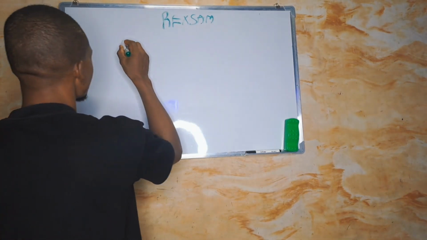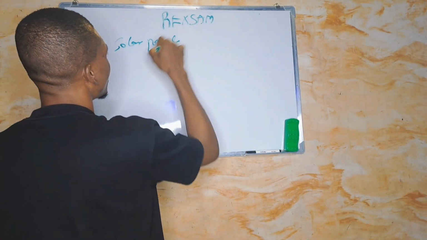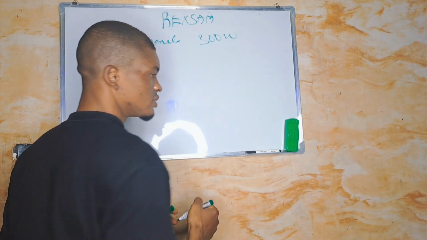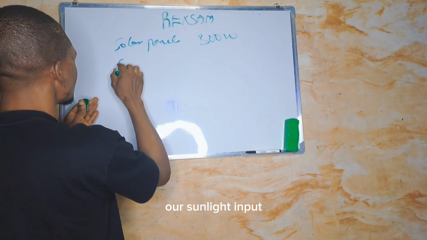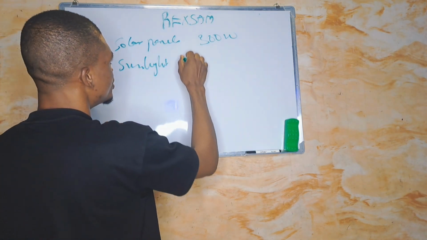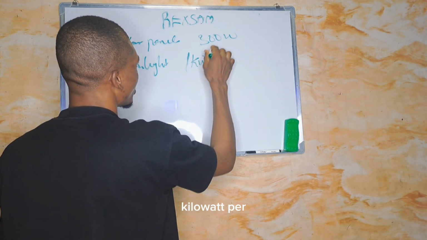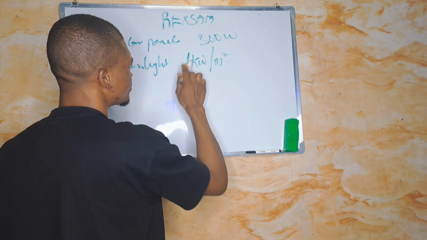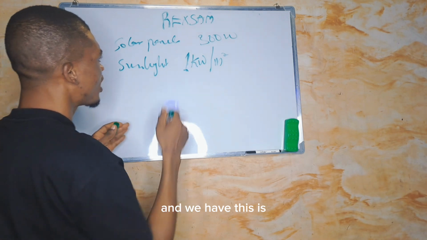Let's assume our solar panel has a wattage of 300 watts, and we know that our sunlight input is 1 kilowatt per meter squared. Understand?